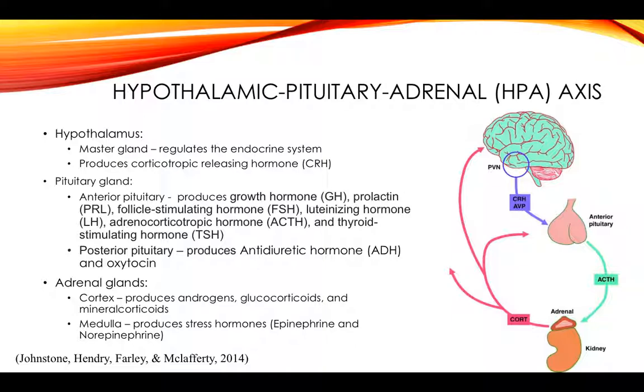The pituitary gland has two parts, the anterior pituitary and the posterior pituitary. From the anterior, we will look at adrenocorticotropic hormone. The adrenal glands have the cortex and the medulla. The cortex produces androgens, glucocorticoids, and mineralocorticoids, and the medulla produces stress hormones, for example, epinephrine and norepinephrine.